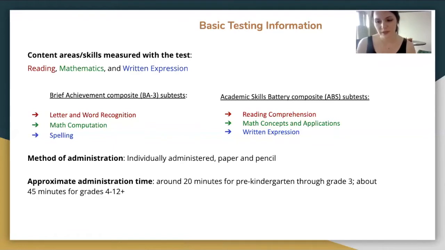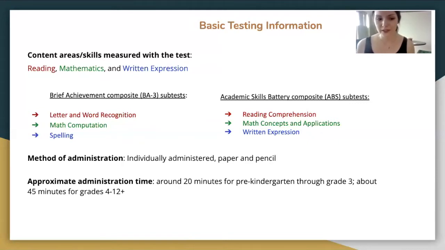Each composite has subtests for each area. There is letter and word recognition, math computation, and spelling in brief achievement composite. And in academic skills battery, there are reading comprehension, math concepts and application, and written expression.